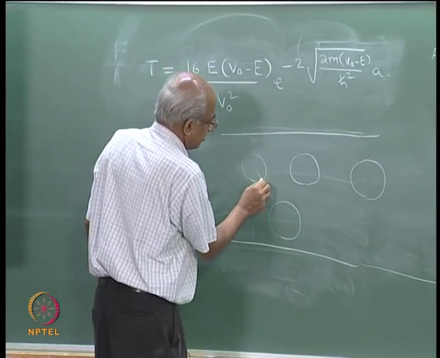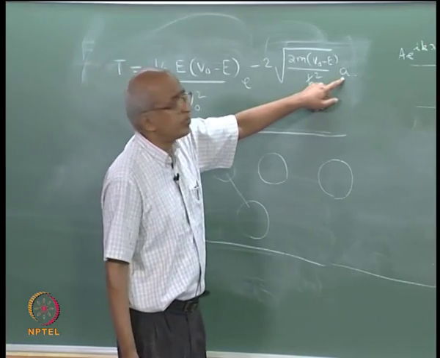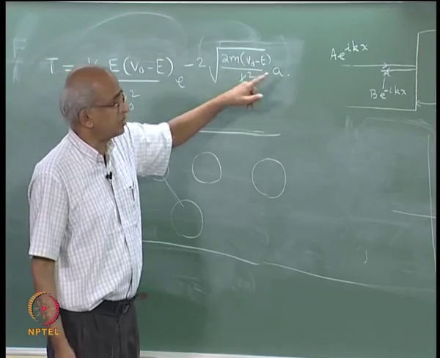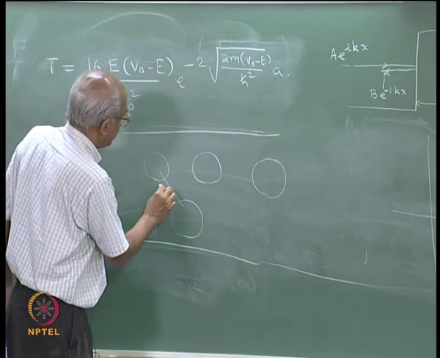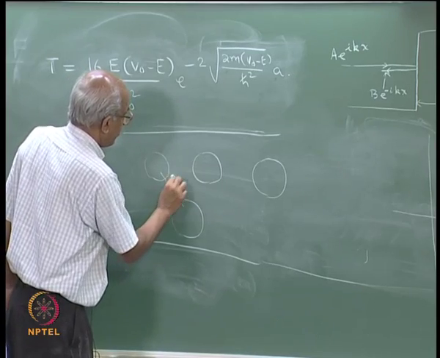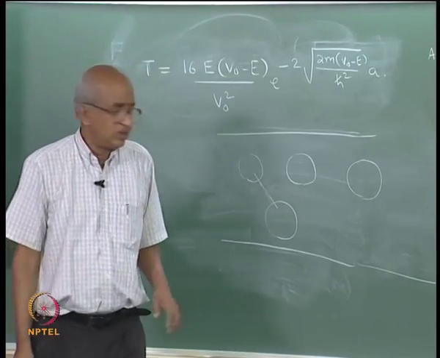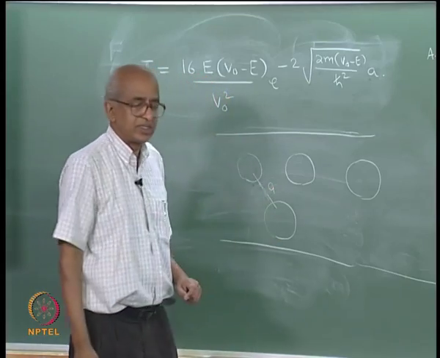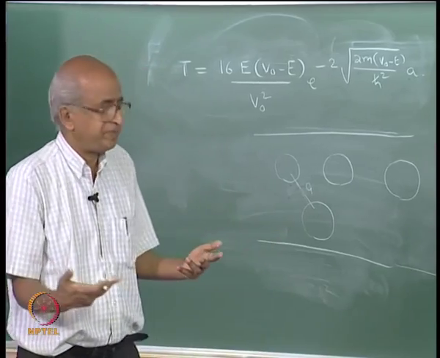But notice that the tunneling probability is very sensitively dependent upon the distance between the two particles or the height of the barrier. Here you have a metallic nanoparticle, there you have a metallic nanoparticle, and you probably have polymer matrix in between. If you change this distance, this is essentially our A, the tunneling probability will increase by a huge amount.